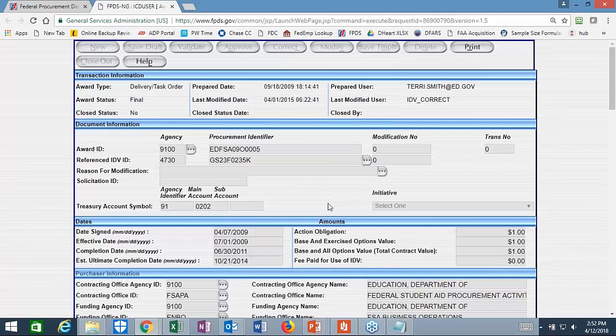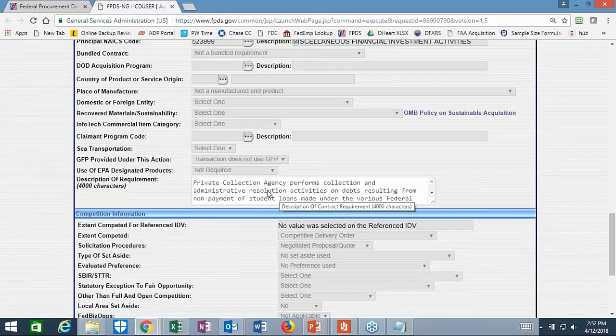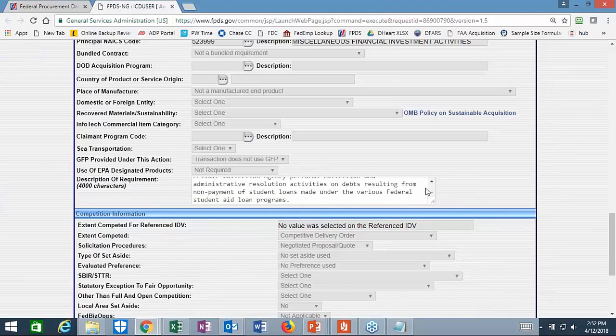Okay, so they awarded 5 of these awards to private collection agencies that perform collection and administrative resolution activities on debts resulting from non-payment of student loans. So you can imagine the Department of Education, how big they are now in the student loan area. All the IT systems that these people have to get trained on, and I can imagine there's a ton of regulations involved in collecting on student debt and administering those payments.